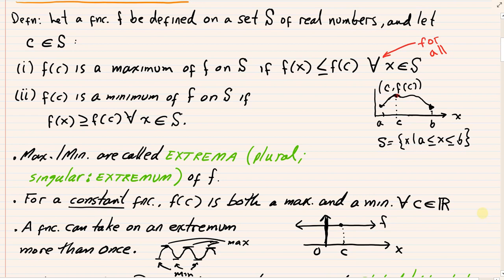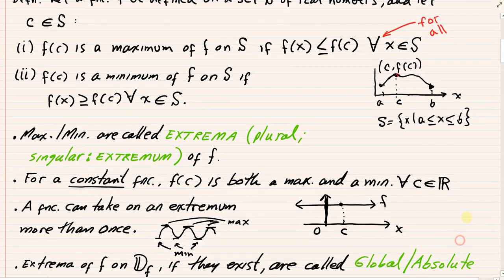What you see here is kind of like a sine wave for this one. And here we have the case where the function takes on more than one maximum and more than one minimum. Notice it can have both of those, and multiple values of x at which the max or the min occur. Okay.